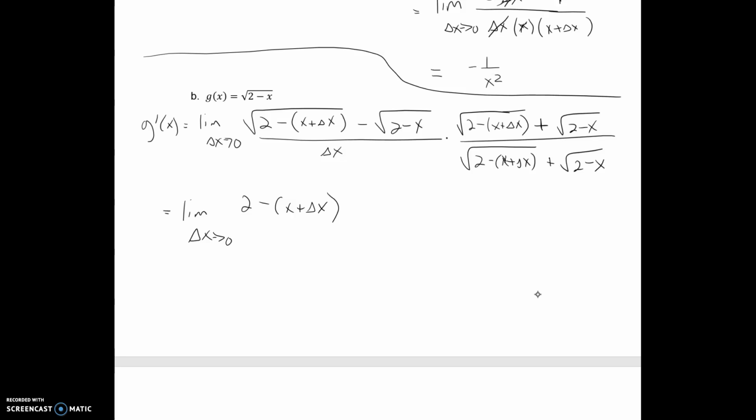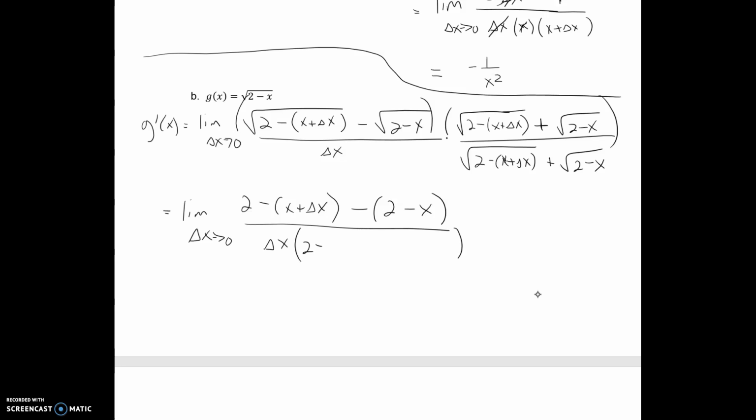And then when you multiply conjugates, you don't have to do the whole foiling, right? It's just the first terms squared, the last terms squared, and a negative times a positive is a negative. And then again, be careful with this. Make sure to include those parentheses because we're going to have to distribute that negative through. And like the last one, I'm not going to deal with multiplying yet because I'm hoping that this will go away and then I can evaluate the limit.